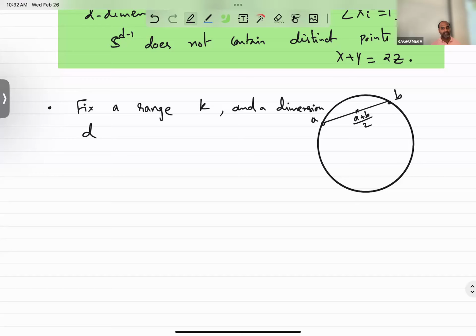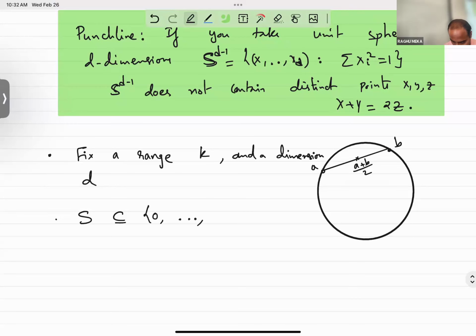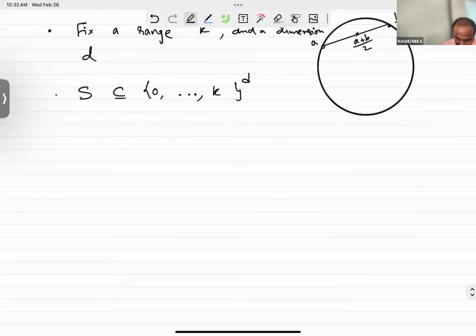And let's look at all points, so all D tuples where each coordinate is a number from 0 through K. I'm including 0, but that's fine.